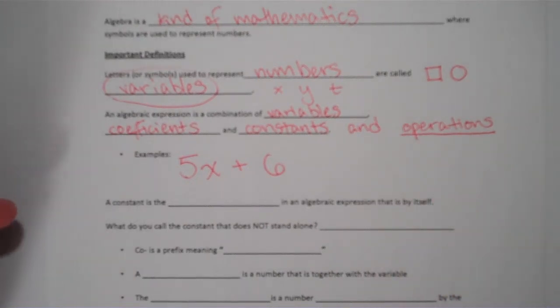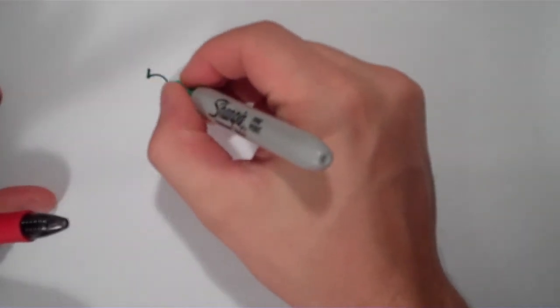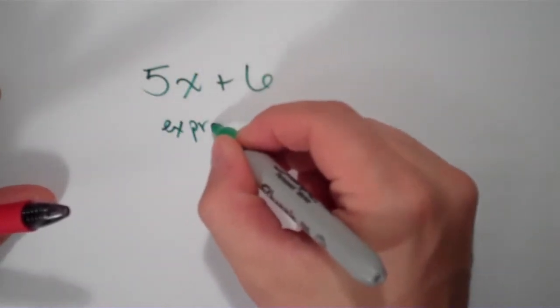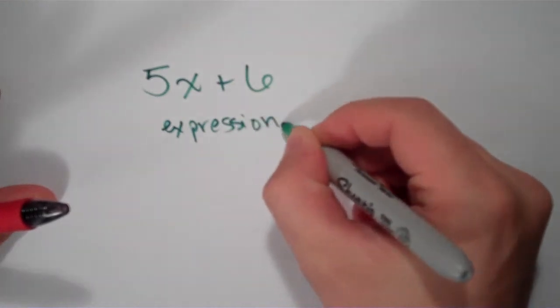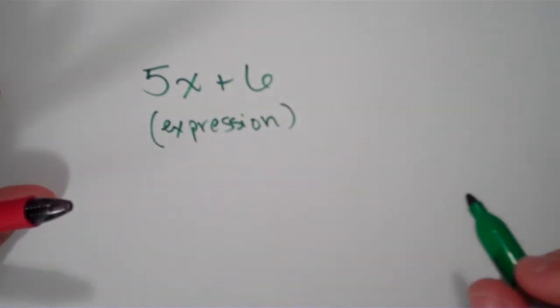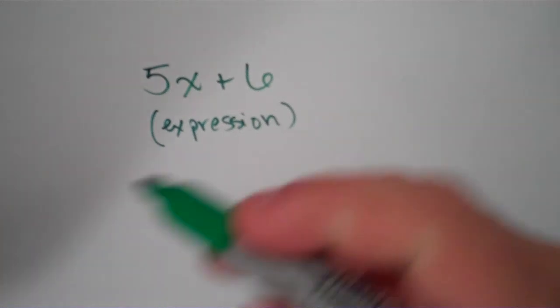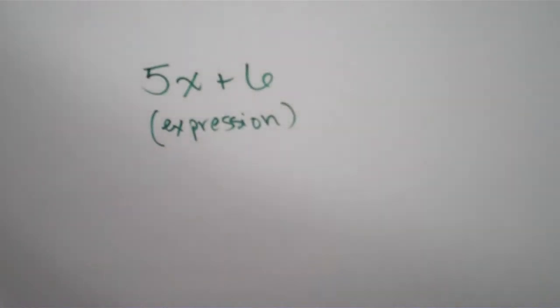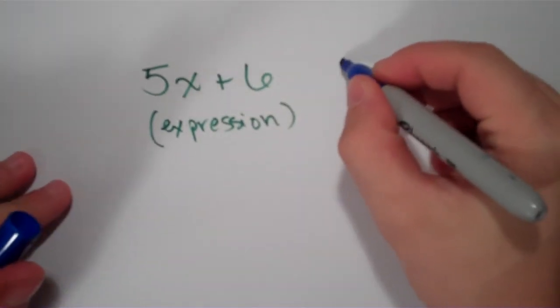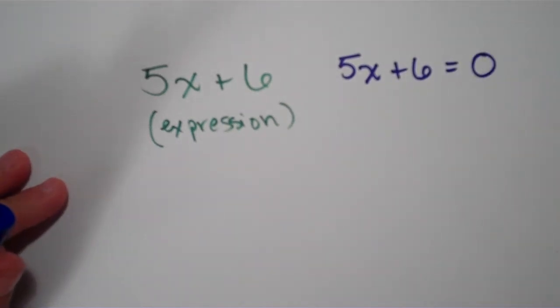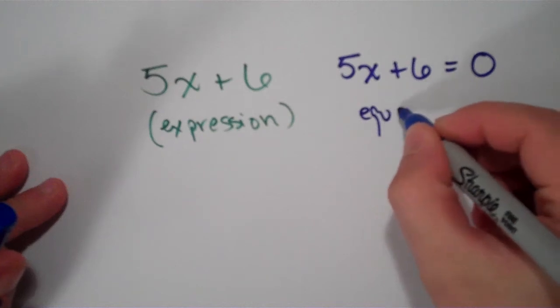Alternatively, we could have an equation. Now the difference between an expression and an equation is this. If I were to say 5x plus 6, that's an expression. If I were to say 5x plus 6 equals 0, that is an equation.